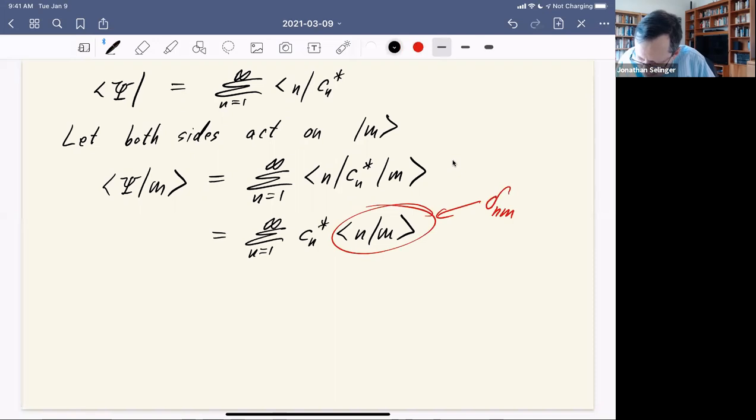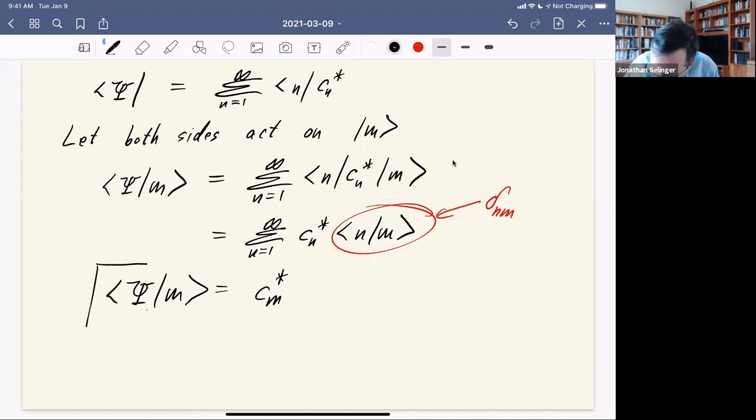So we get that this is Cm star. So Cm star is this inner product of psi with the basis ket m.